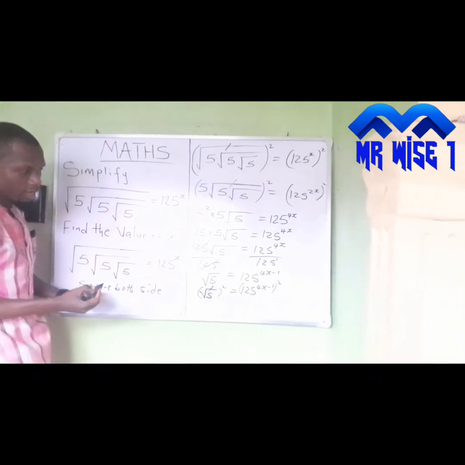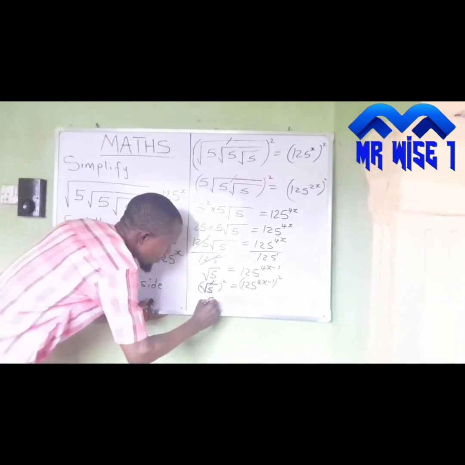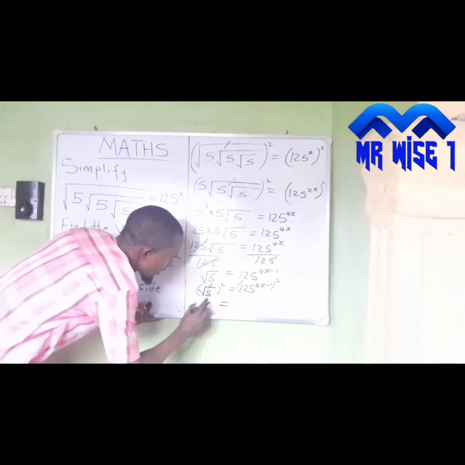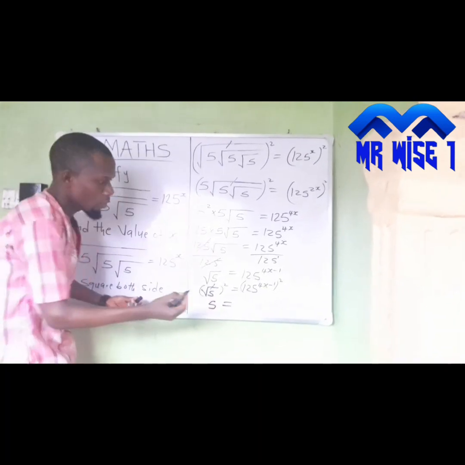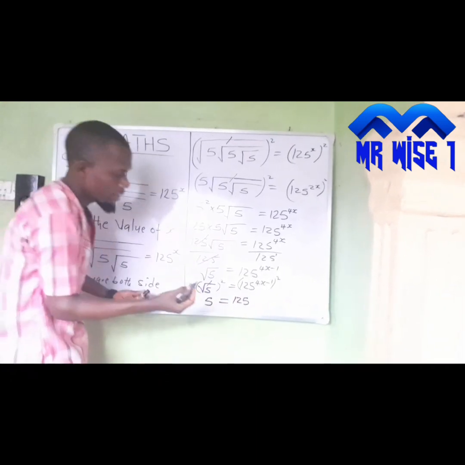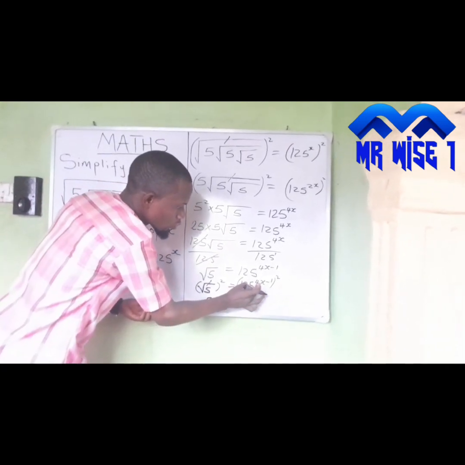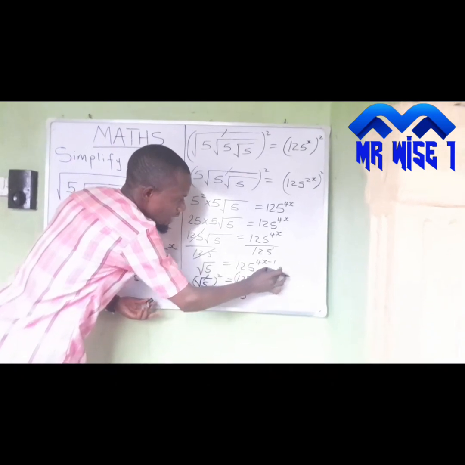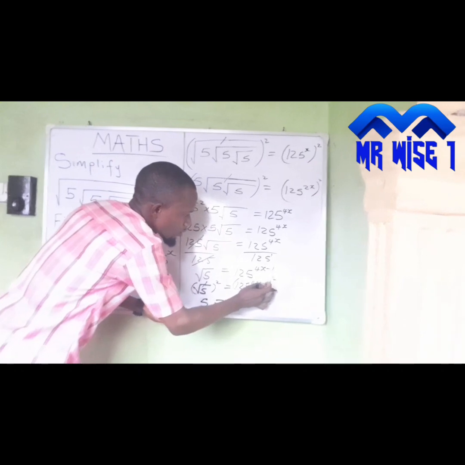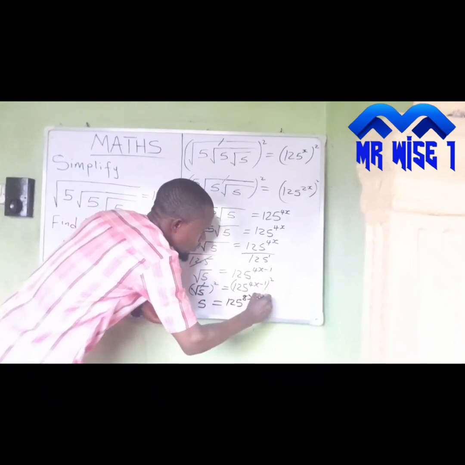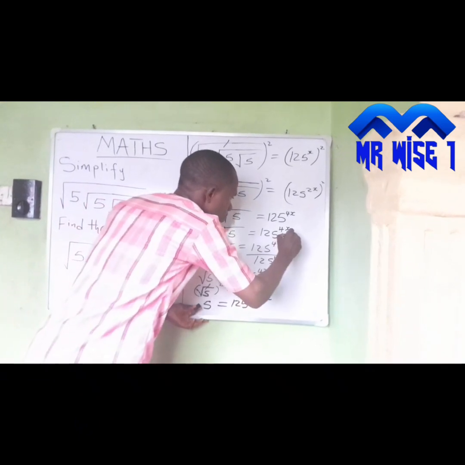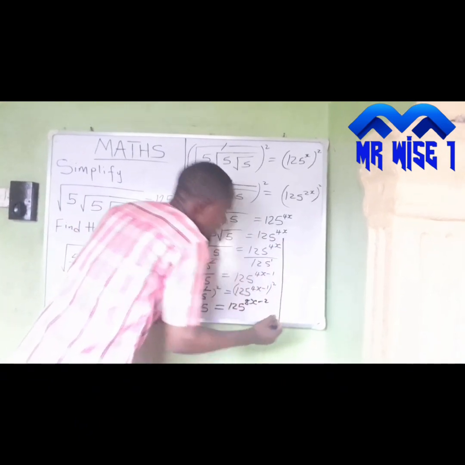So I'll have 5 is equal to 125 to the power of 4x times 2, I'll have 8x, minus 1 times 2, I have minus 2. I have to manage space.